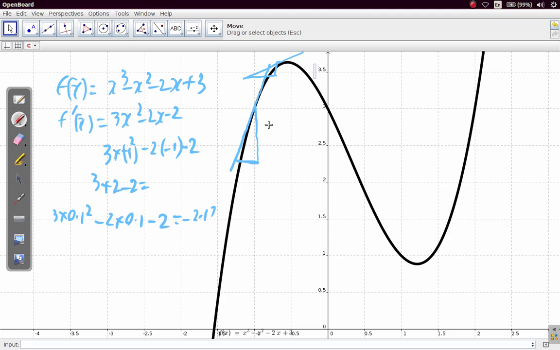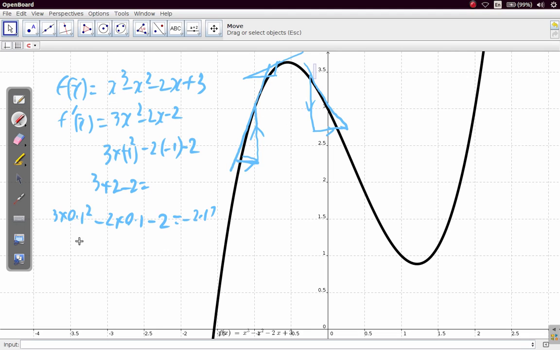So the first derivative is telling us how far y moves with each movement of x, and whether y moves up or down. In this case, as x moves from left to right, y is moving up. In this case, as x moves from left to right, y is moving down. So that's the first derivative.